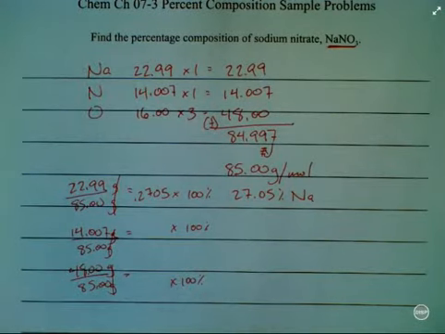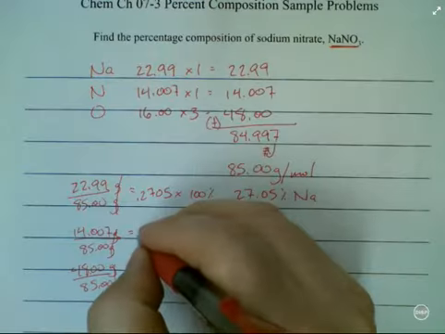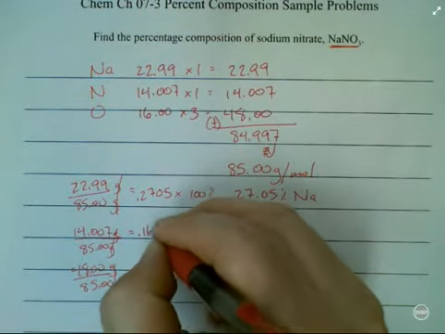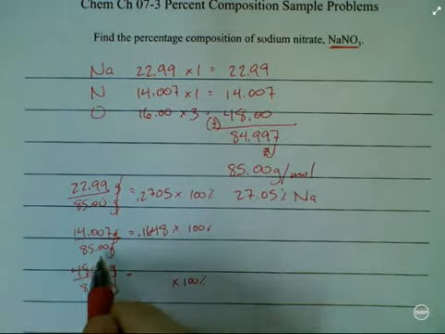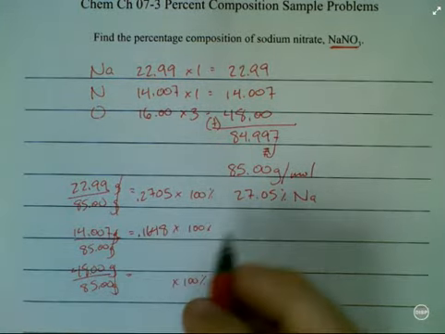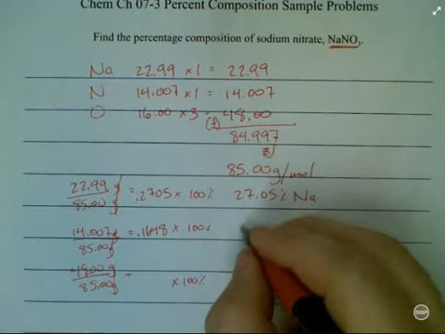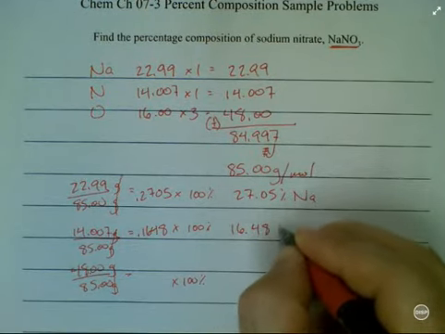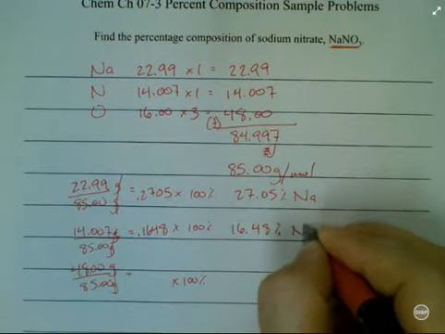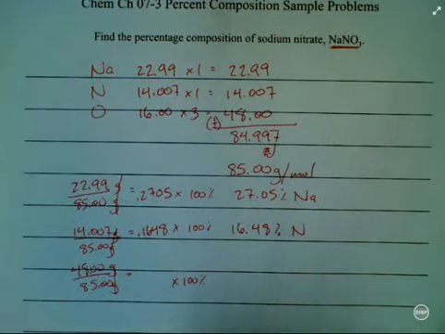Moving on to nitrogen, go 14.007 divided by 85.00 again. It's coming up to be 0.16. I'm actually going to round just off the fly because I knew I need to have 4 significant figures. So I'll have 4 significant figures multiplied by 100%. I'll have 16.48% nitrogen.